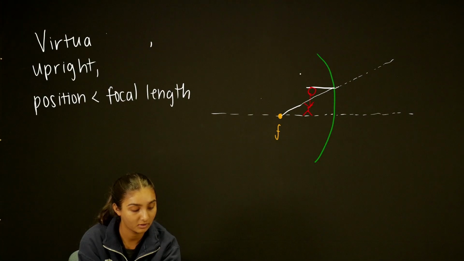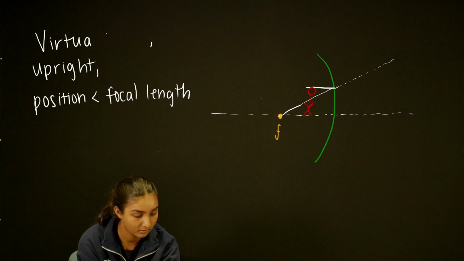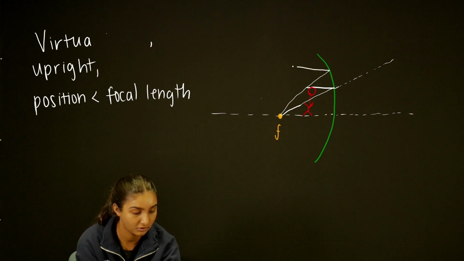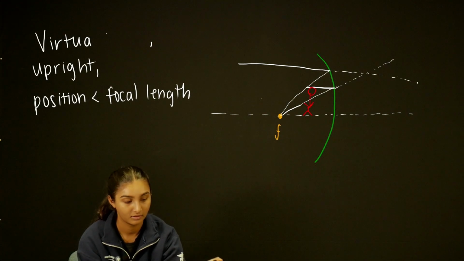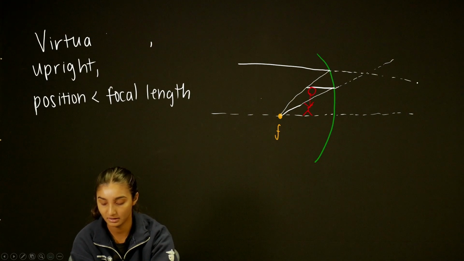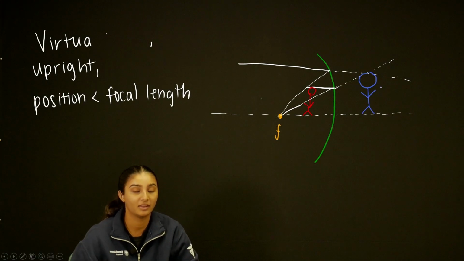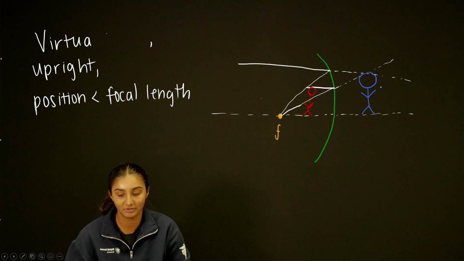And then we're going to go through the focal point to the mirror. And this is our reflection, and we're going to extend it to the other side. And on the other side, we have our virtual image that is upright. And as you can see, it's also a lot bigger.